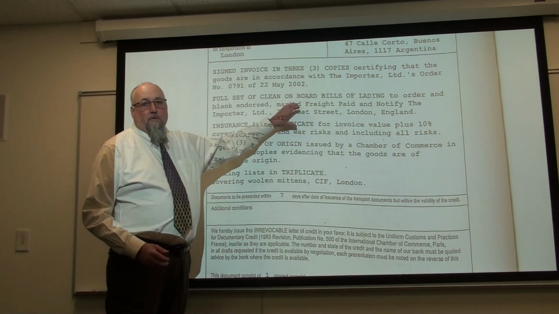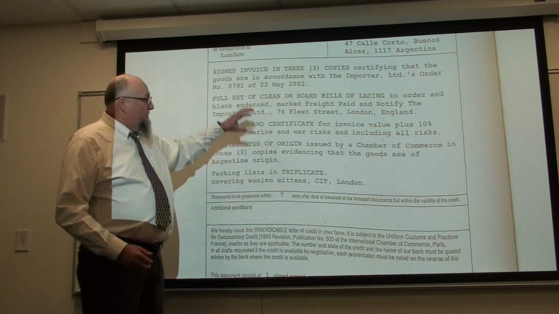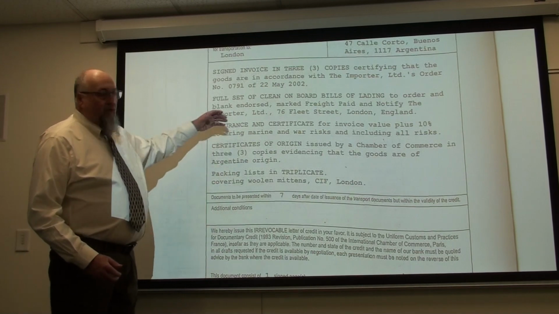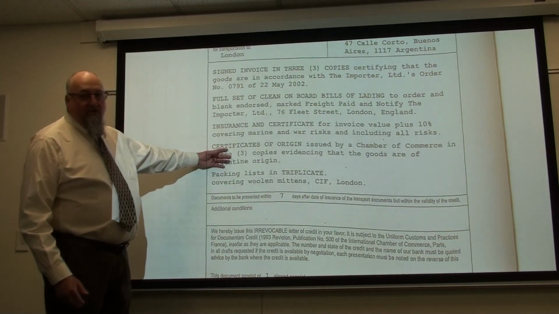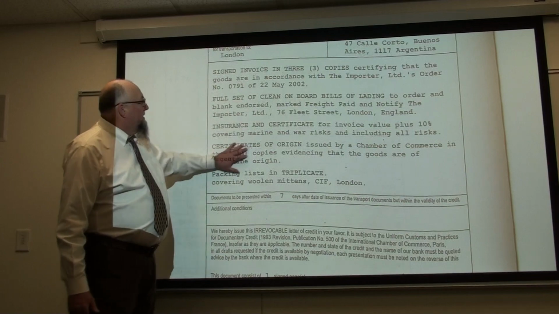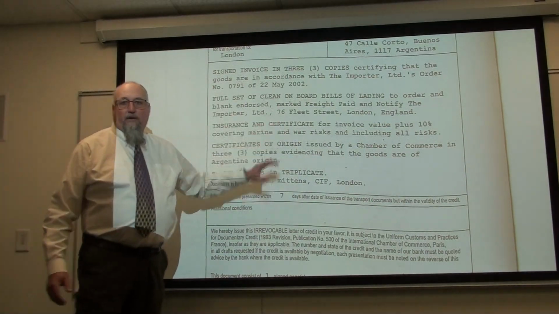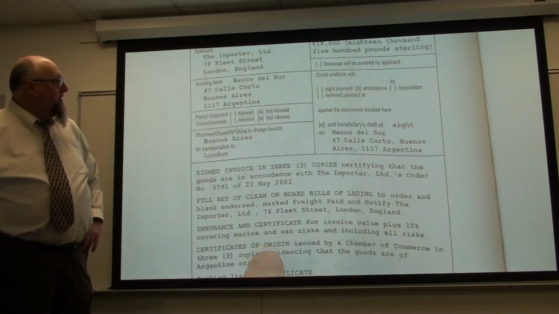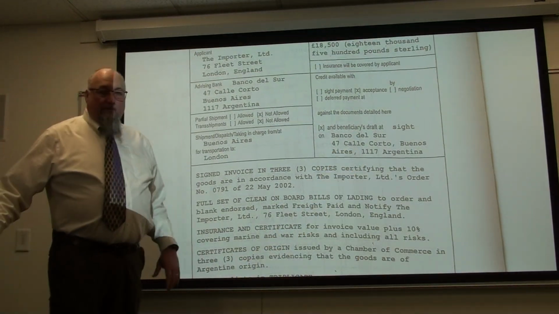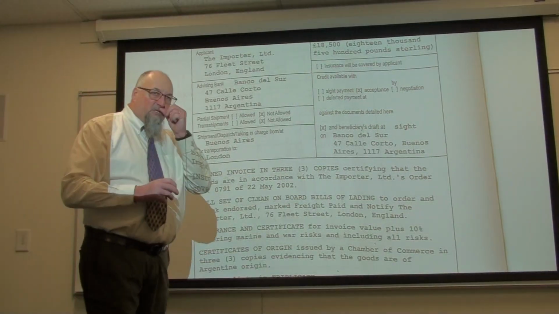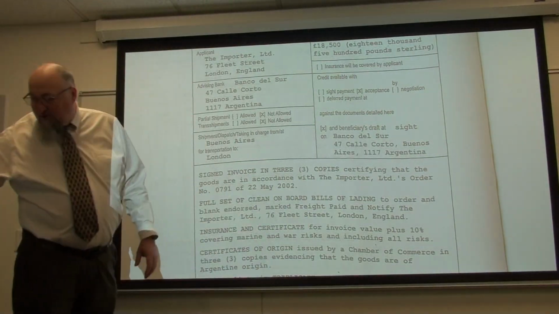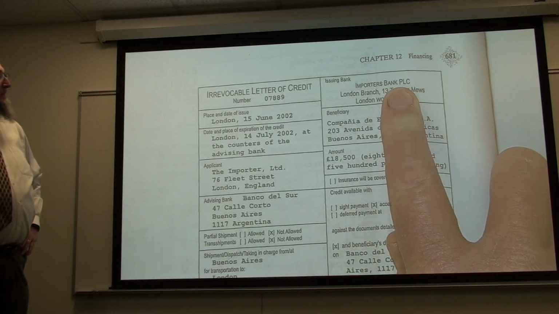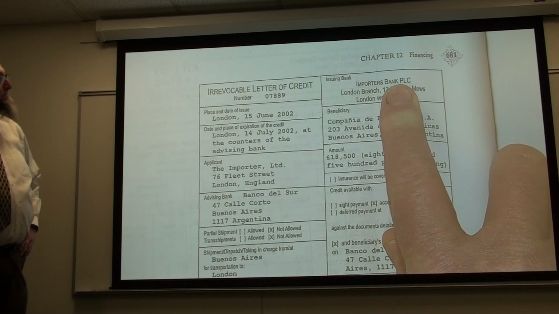So essentially, the seller is going to load the product onto the ship. The shipping company is going to issue the bills of lading. They're going to issue an invoice. They're going to get insurance and a certificate of origin. Once the seller has all of these documents, the seller will take those documents to their bank, the Banco del Sur right here, and the Banco del Sur will take those documents, and then the bank will transmit them to the issuing bank, Importer's Bank, who will then pay the money.